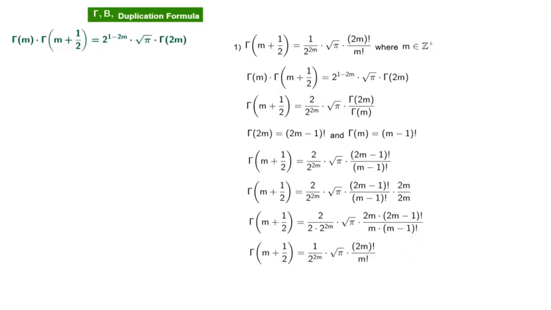So immediately you know that you have reached your destination. 2m times 2m minus 1 factorial is 2m factorial, and m times m minus 1 factorial is m factorial. And here 2 and 2 cancel out and we are left with 1 by 2 to the power of 2m, which is what we had to show.